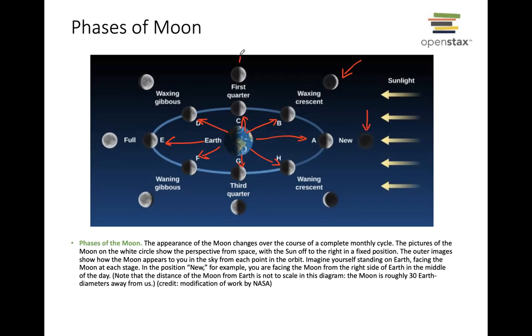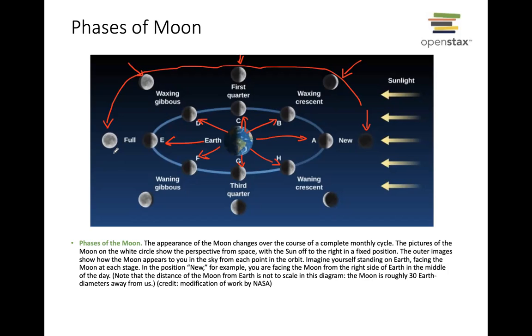You can see that at this position, you see the first quarter, which means just a quarter of the moon is illuminated. And from the new moon, when you go in this direction, the illuminated fraction is increasing, and then at the end you will see the full moon, which means you will directly see the illuminated side.